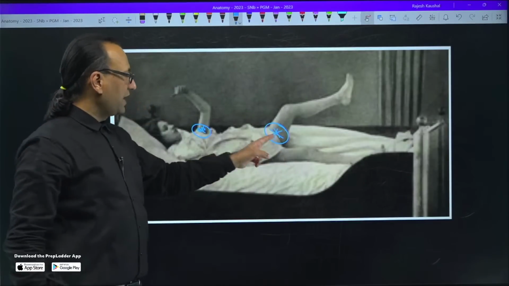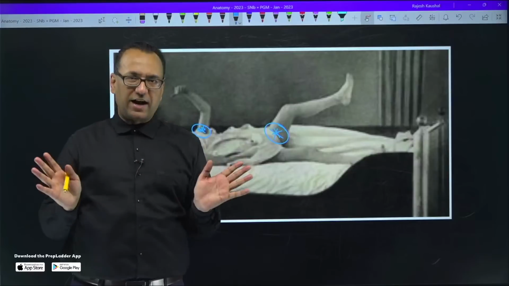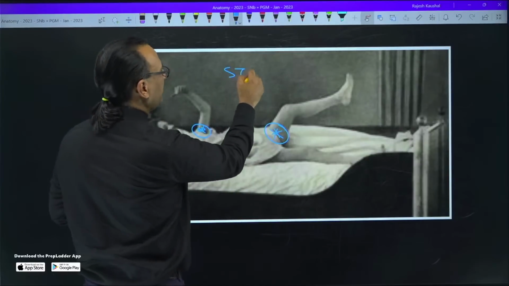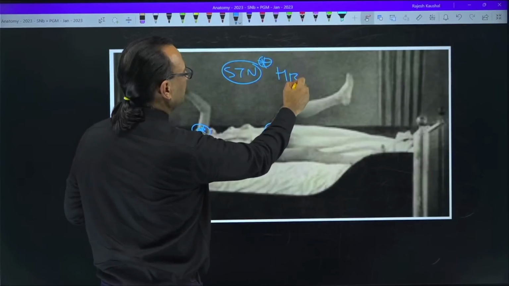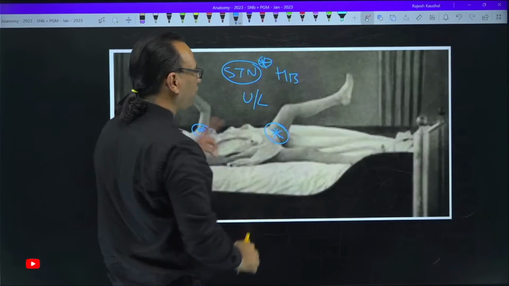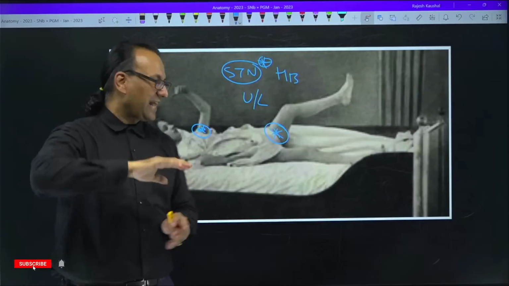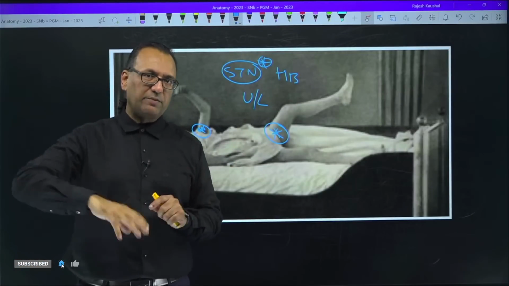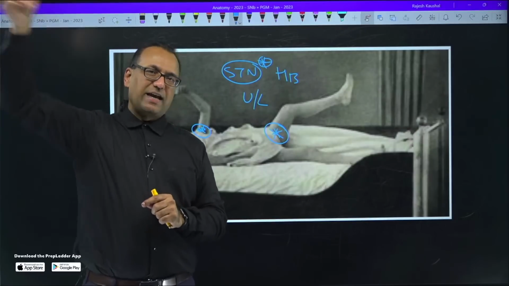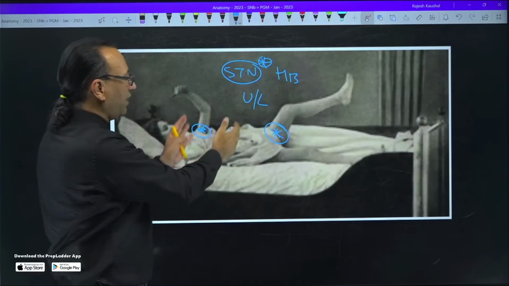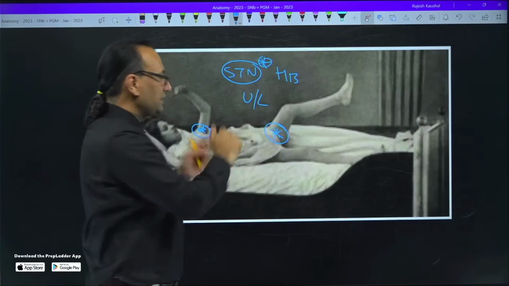It is usually unilateral because there is subthalamic nucleus injury leading to hemiballismus, and it is unilateral, violent. You cannot stand in front of such a patient because they'll slap you like this, and it is moving like this. The upper limb and lower limb and proximal muscles are involved.